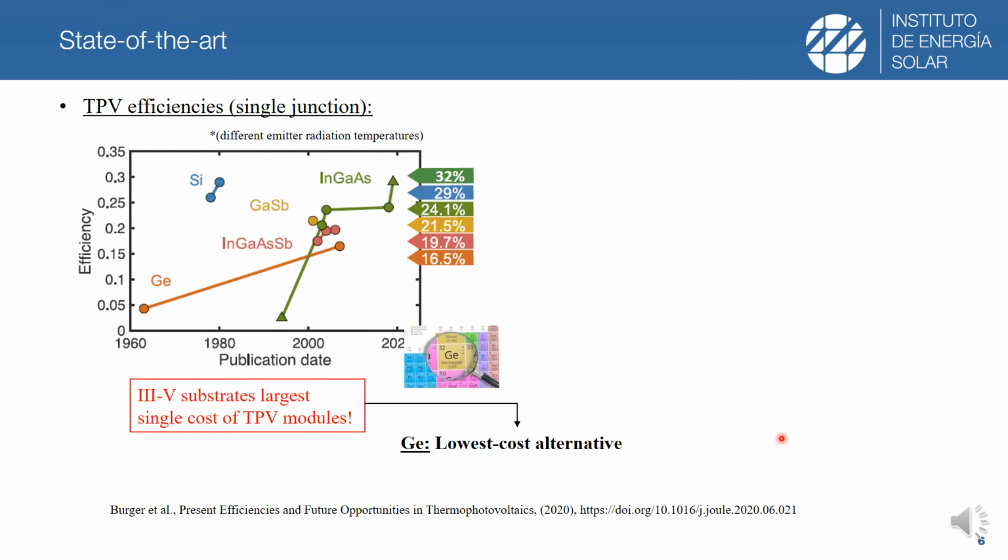In this regard, germanium has been historically considered as a low-cost alternative with a substrate price several times lower than some III-V semiconductors.